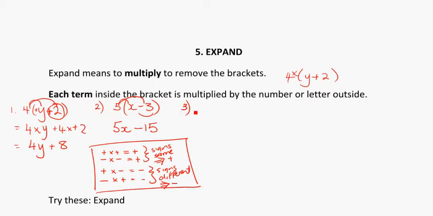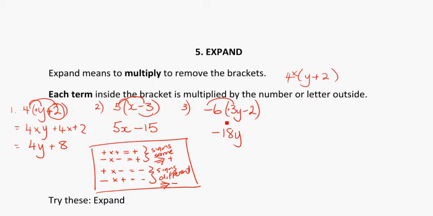Let's look at another example. Let's put a negative outside. Negative 6 times 3y minus 2. Okay, take your negative 6 and multiply it by your positive 3y. Now here we've got a negative and here we've got a positive, and so our result's going to be a negative. 3 6s are 18, so it's negative 18, and we've got our y there.